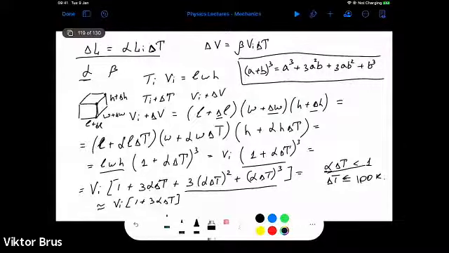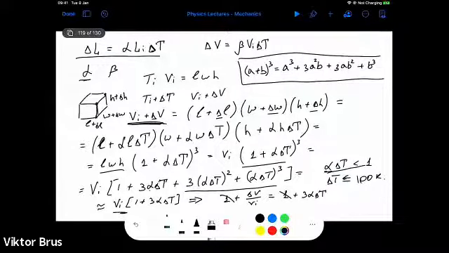Now we can divide the left side and right side by the initial volume. As a result, we will get 1 plus delta V divided by V initial is equal to 1 plus 3 alpha delta T, and so 1 and 1 cancel out.